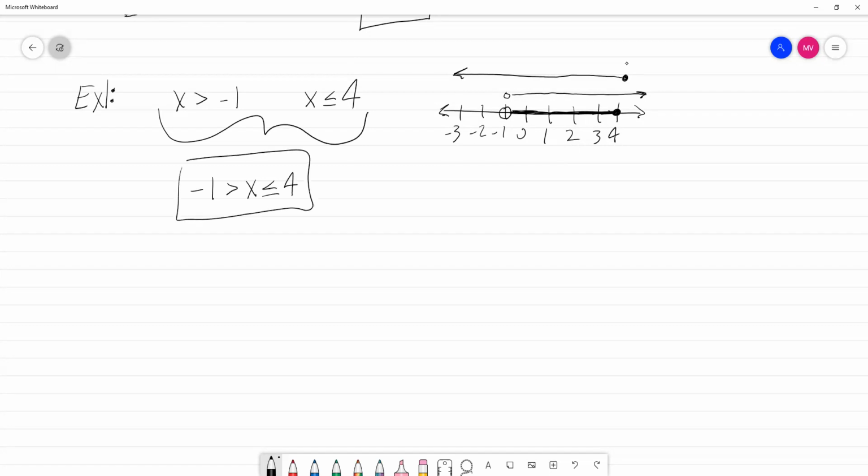That's how you would write that, which I think is easier, because when I see that, I know I have an open circle at -1, a closed circle at 4, and then every number in between those two, which is the exact same thing as what we have up here.